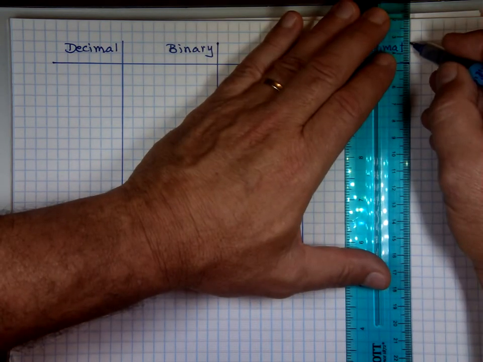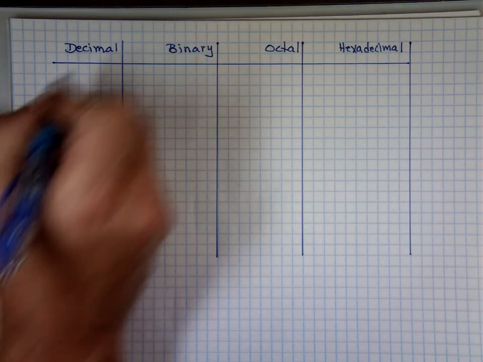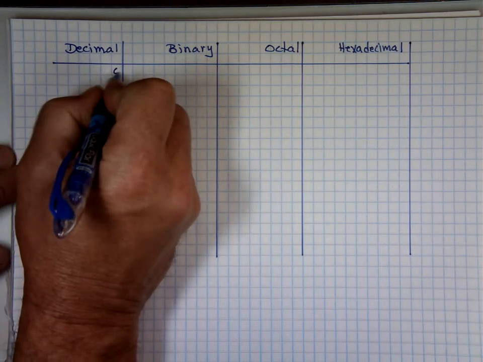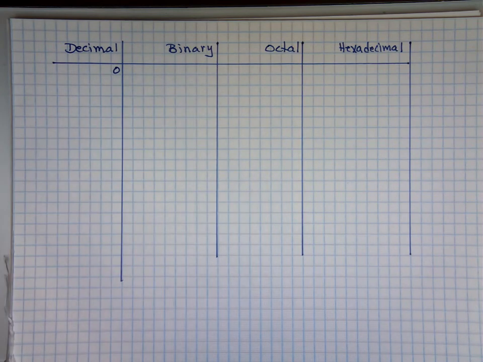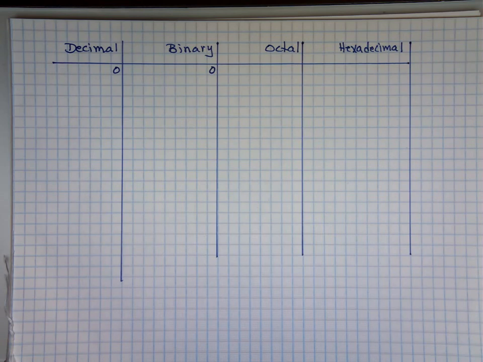Okay. We'll begin with the 0. In binary, the 0 is 0. The 1 in decimal, in binary, there's a 1.